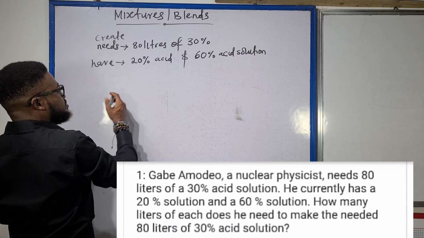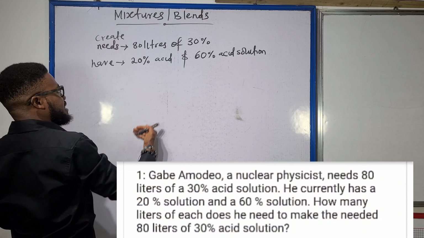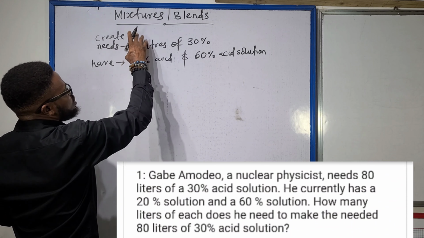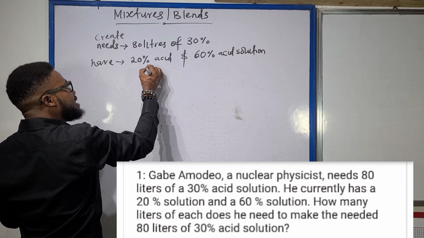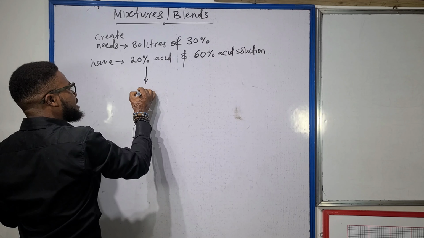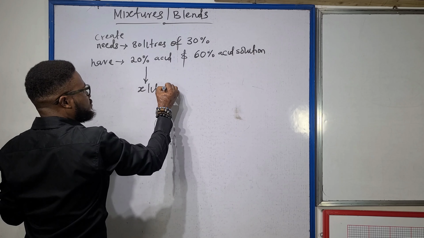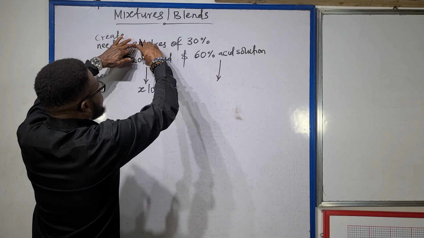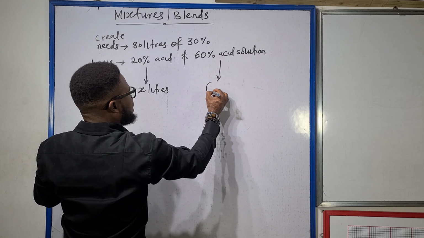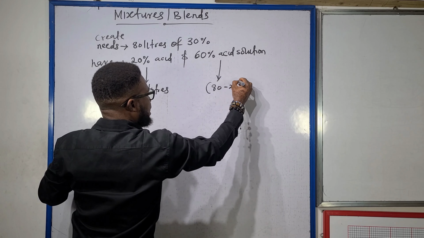So using those 4 steps I highlighted earlier, since you need 80 liters of solution, I could say let's have x liters of this. If this is x liters, then this, since we are creating an 80 liter solution, let this be 80 minus x.